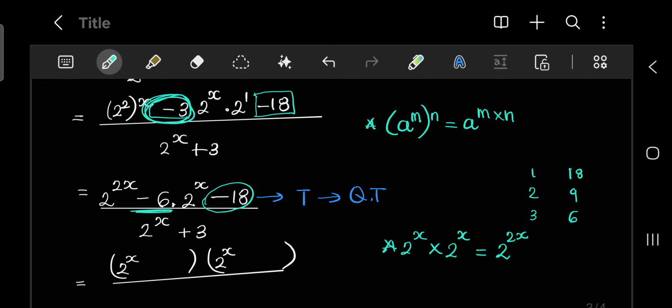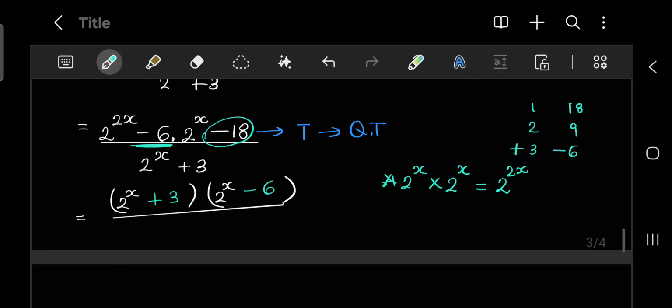Now, if we're working with this negative 3, then the factors I'm going to work with is 3 and 6, where I take it as a positive 3 and a negative 6. So my first bracket is going to get a plus 3 and my second bracket minus 6. So that matches this step, okay?